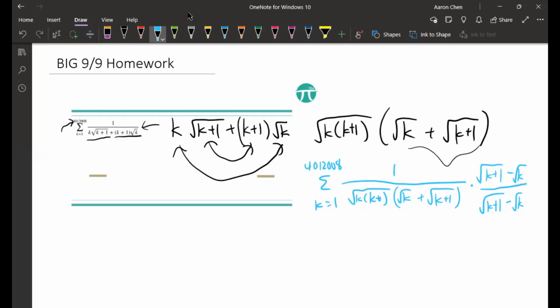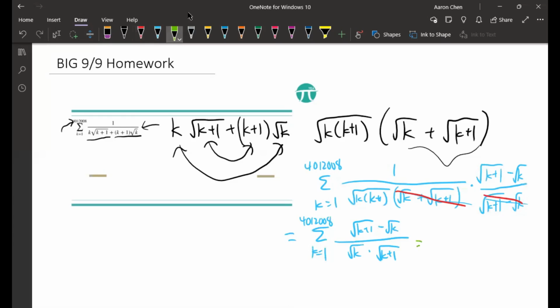So what this gives is the sum from k equals 1 to 4,012,008 of the square root of k plus 1 minus the square root of k, and these conveniently multiply off to 1, so they can be ignored. This is over the square root of k times the square root of k plus 1. I broke it up like this so you can further see how the telescoping is going to play out, and at this point, I think it's clear how the telescoping is going to work.